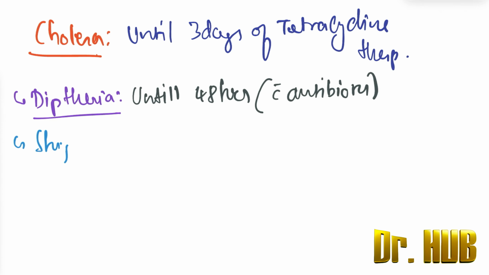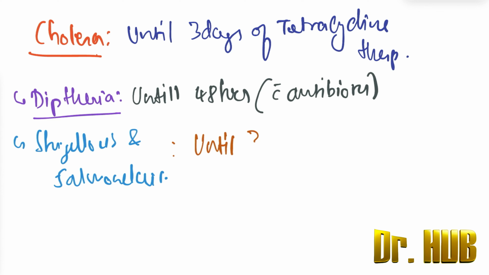Then we look at shigellosis as well as salmonellosis. Here it is until 3 consecutive negative stool cultures.